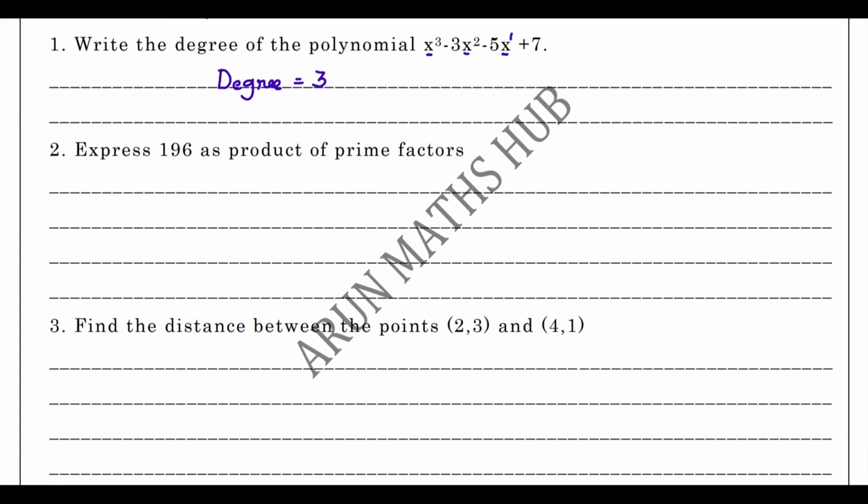Then express 196 as product of primes. Now you need to factorize 196.